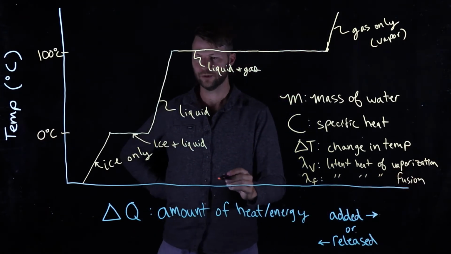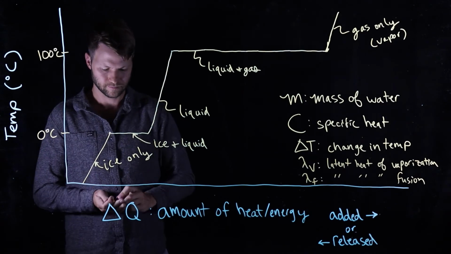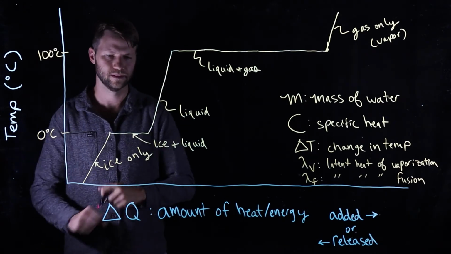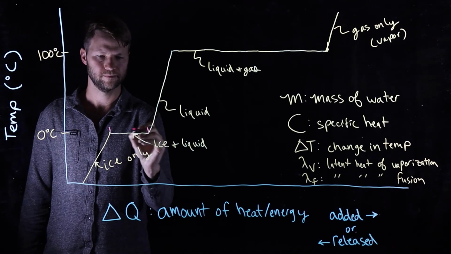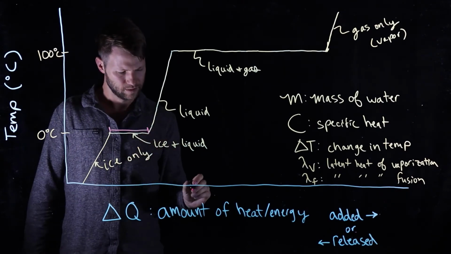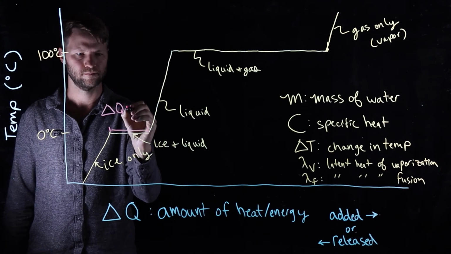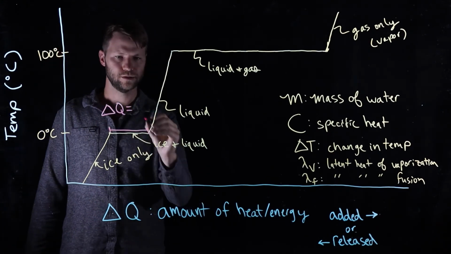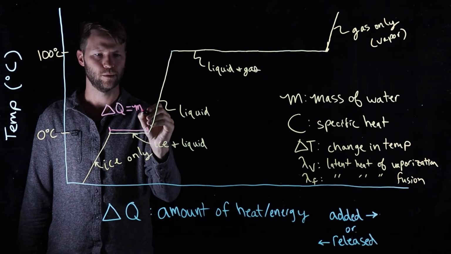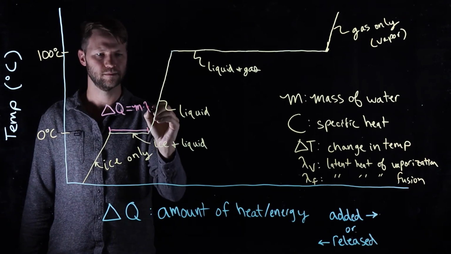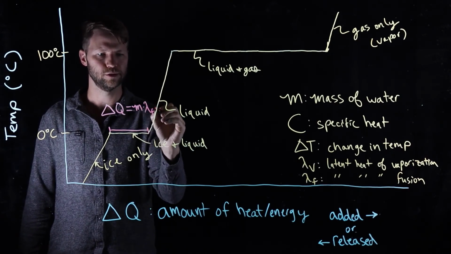We can actually draw some more things on this plot. For example, this distance here is equal to delta Q, which is equal to the mass of the water body times the latent heat of fusion.